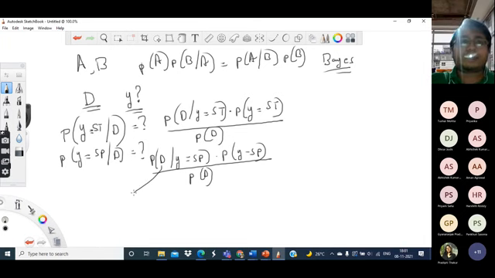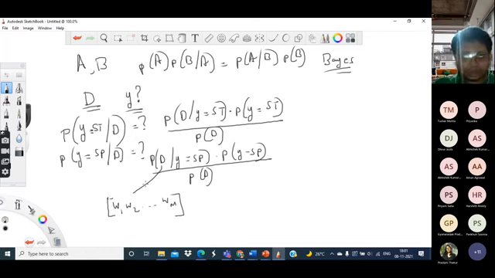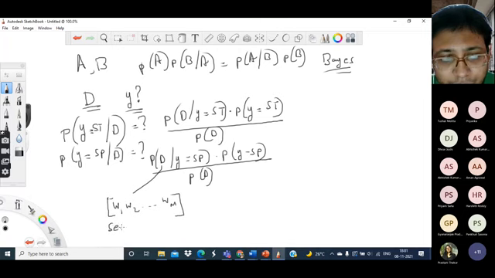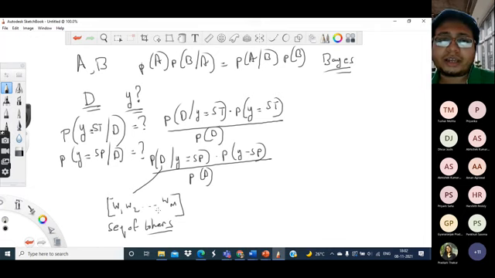Now what is D? D, as I said, is a sequence of word tokens like this: W1, W2 up to, let us say, WM. Once again, a document is a sequence of tokens. Now what am I going to do? The simplest thing I can do is just to assume that the tokens are independent of each other.